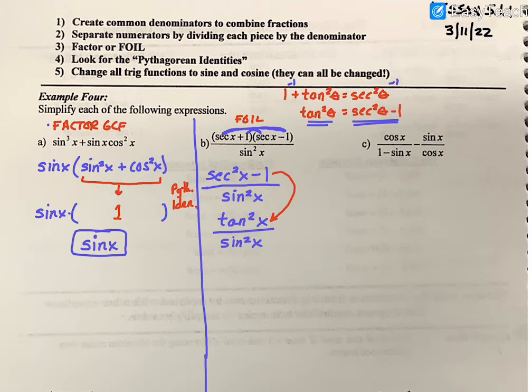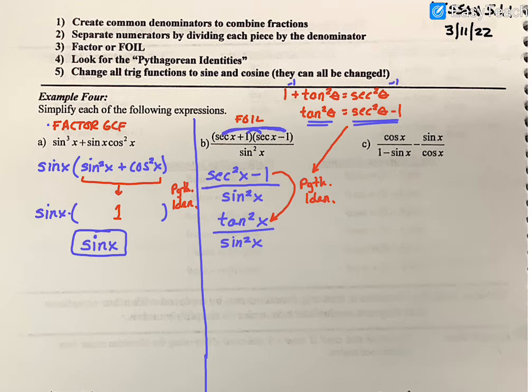Don't think of it as any more than that. Whether you use x's or thetas doesn't really matter. So right there, I took what secant squared x minus 1 equals and replaced it with tangent squared, and I did that using a Pythagorean identity. So there is yet another use of a Pythagorean identity.